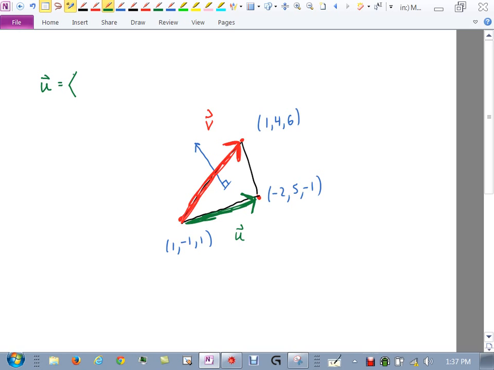So I'm going to make sure I get this right. -2 minus 1, which is -3, right? So I'm doing -2 take away 1, and then 5 take away -1 is 6, and then -1 take away 1 is -2. Everyone agree that's U? V?